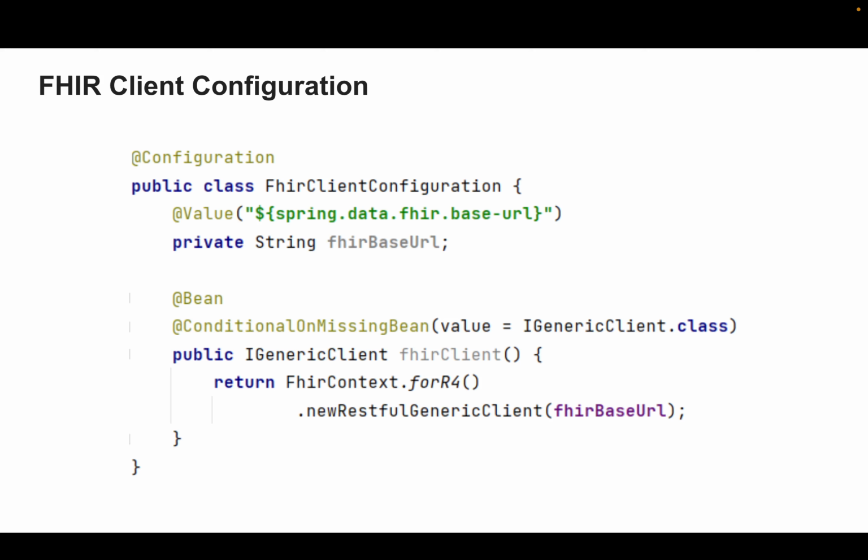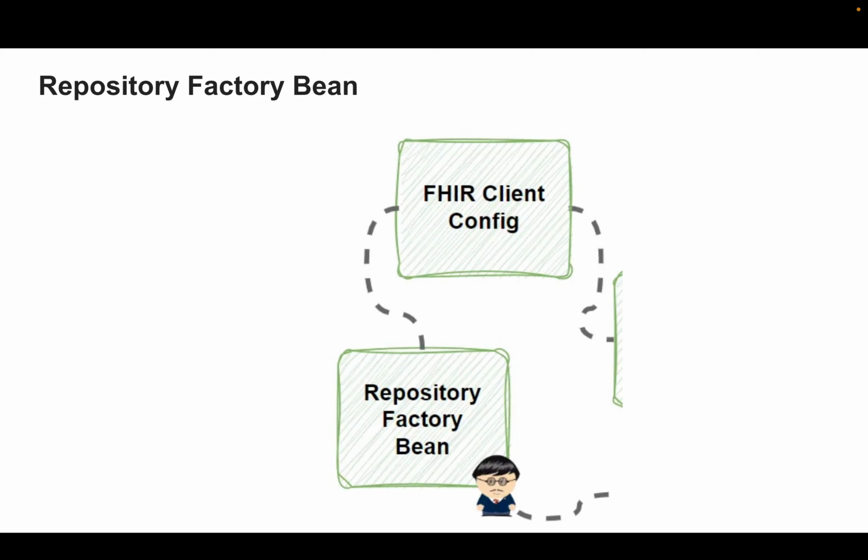We will mark our bean with the ConditionalOnMissingBean annotation to provide more flexibility for our clients, so they can override this bean, they can put in some other configuration for retry logic or for serialization or deserialization logic, whatever they need. Repository factory bean.